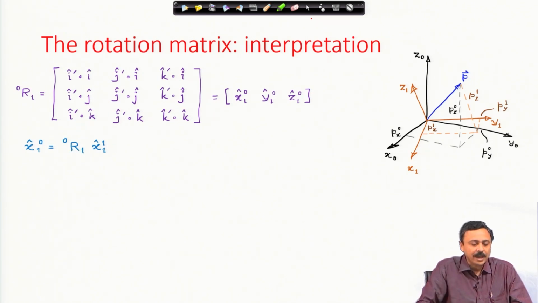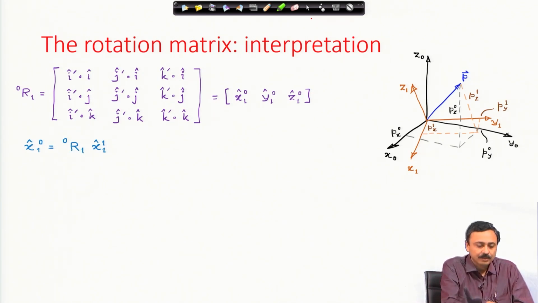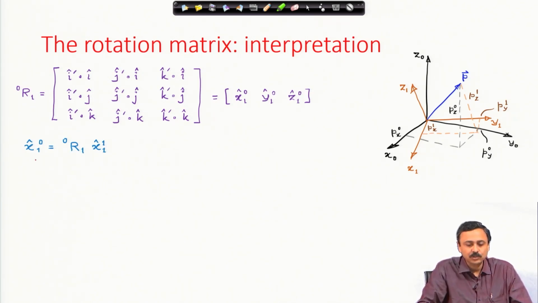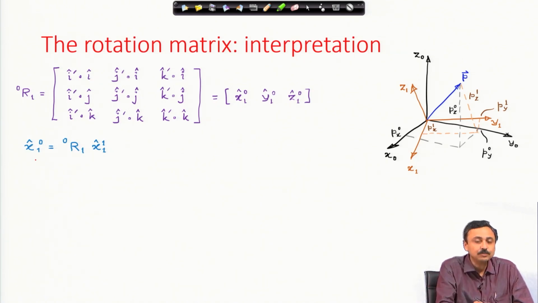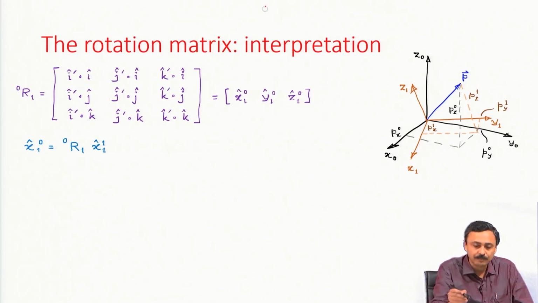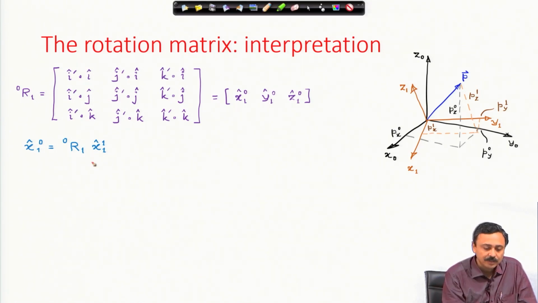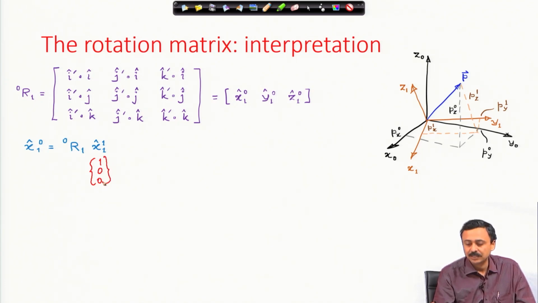In other words, I have this representation of x 1 in frame 0, and I can write it in terms of x 1 in its own frame. What is x 1 in its own frame? X 1 in its own frame is 1 0 0. The x 1 cap vector, the unit vector along x 1 in its own frame x 1 y 1 z 1, is 1 0 0.